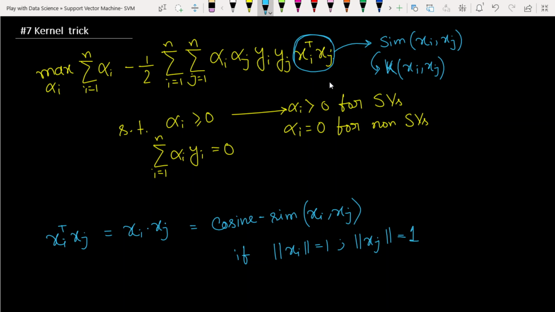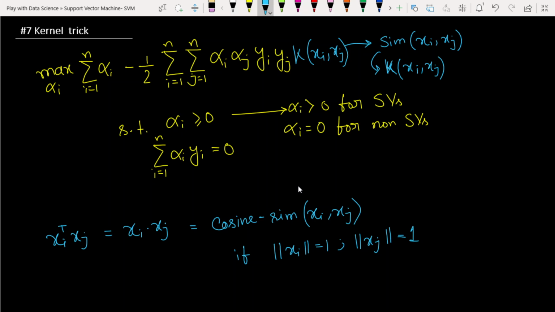Instead of this, I am now using the kernel of x_i and x_j. I think this is clear now.